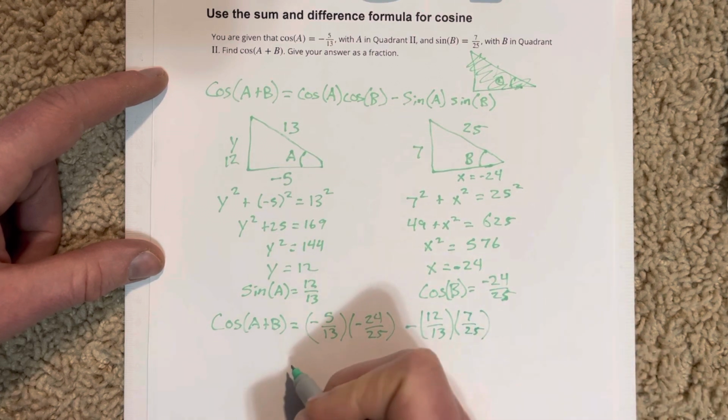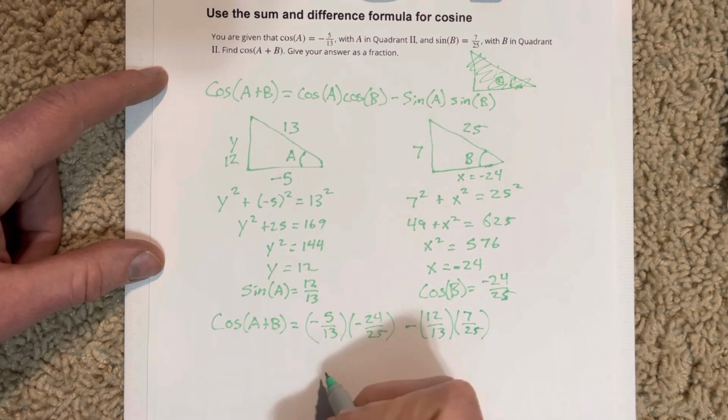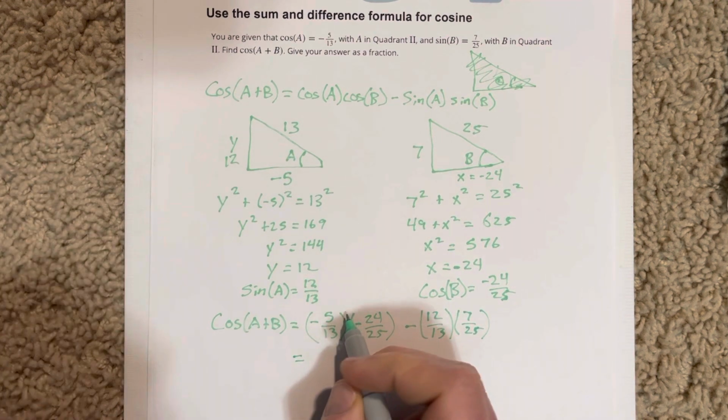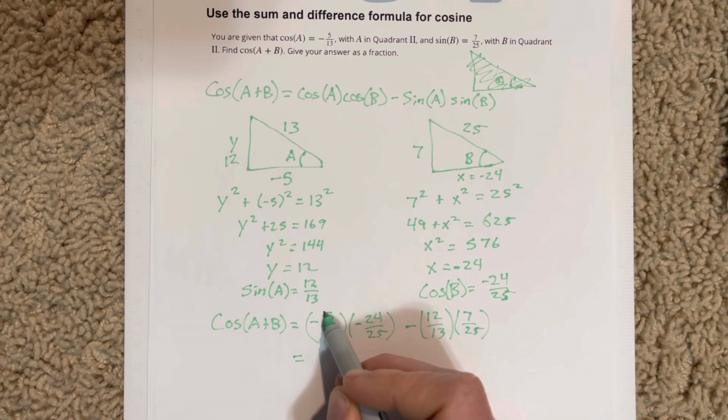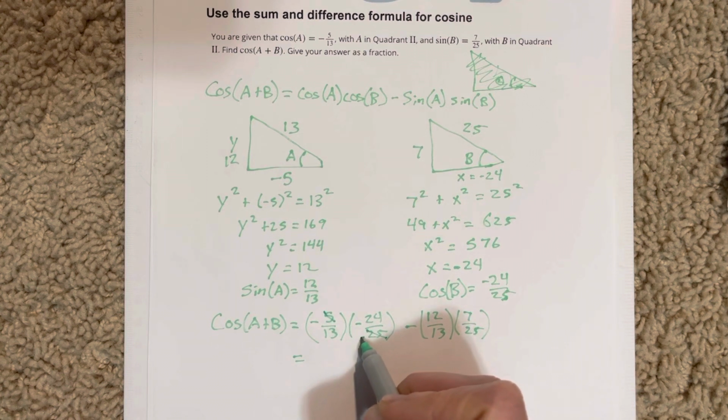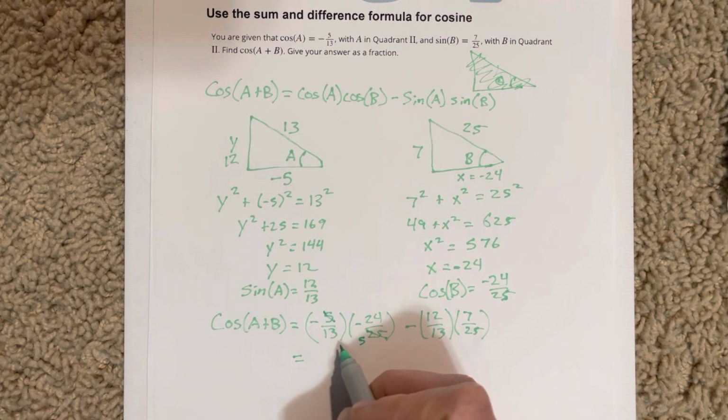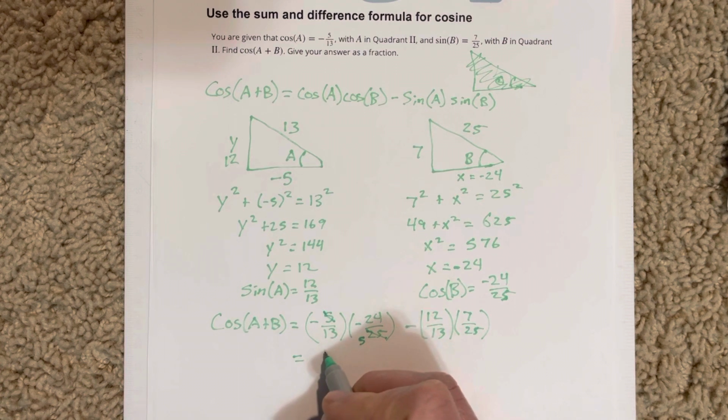We're going to multiply all that together and combine. When we multiply the first fraction together, we can cross cancel the 5 and the 25, and we end up with just 5 here. So 5 times 13 would be 65, so it's positive 24 over 65.